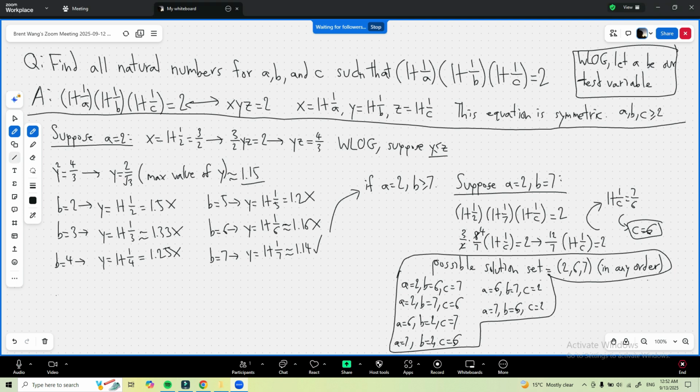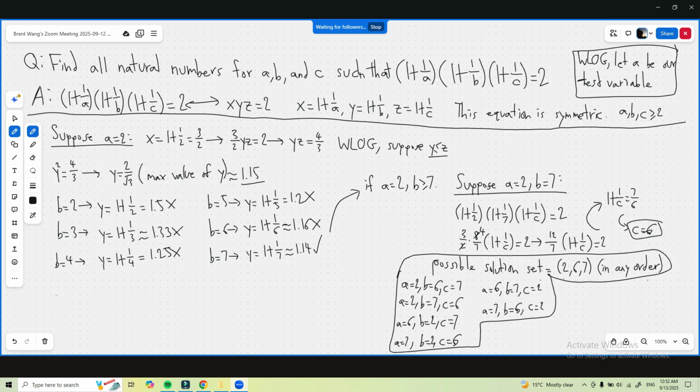So that is one. But another thing, the maximum value of c would be 6. So if a is 2 and b is 7, then the maximum value of c is 6, meaning c is equal to 2, 3, 4, 5, and 6.